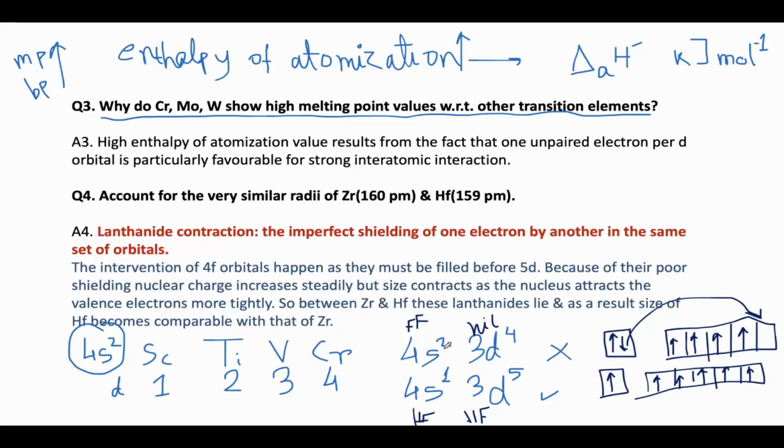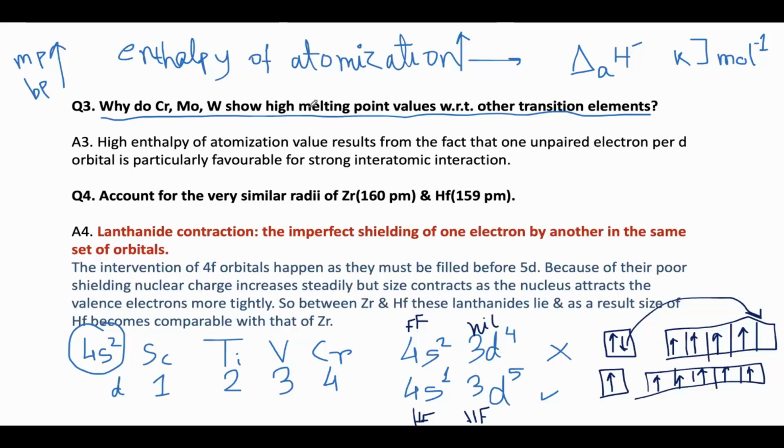But why were we discussing all these electronic configurations till now? Because the question is not regarding the electronic configuration, but regarding the high melting point observed for the chromium group. So now I will tell you why I discussed all these things.